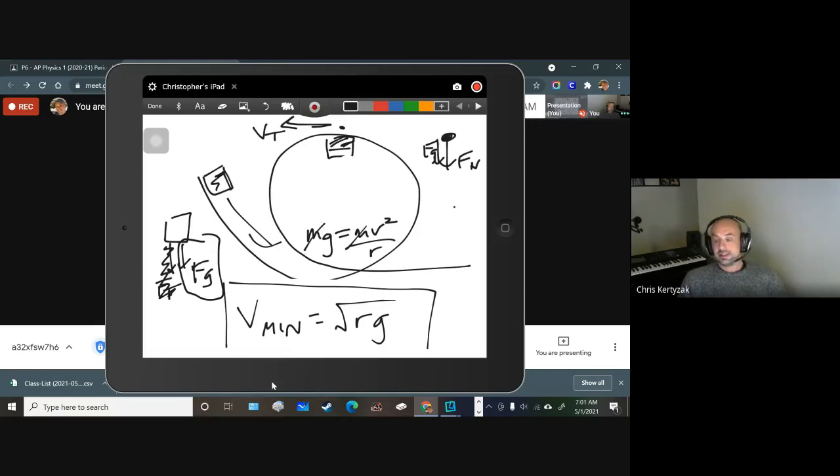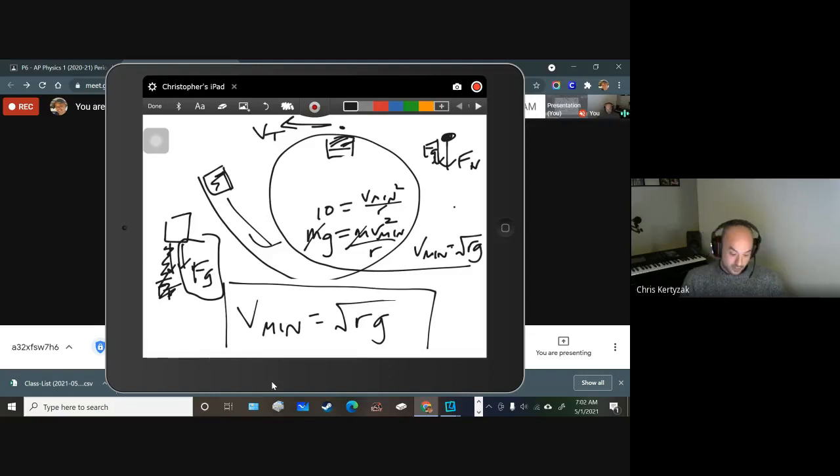that g is v squared over r, right? G is v squared over r, and that's why we get, when we do this, v min equals the square root of rg. That's what you get algebraically from g equals v squared over r. Just move your r over to the other side, you get rg, then undo it by square root. But numerically, just pointing that out, whatever v min is, squared over r is 10 or 9.8.